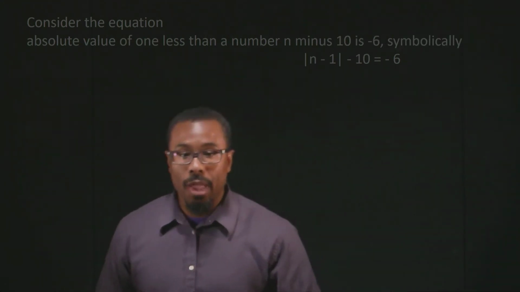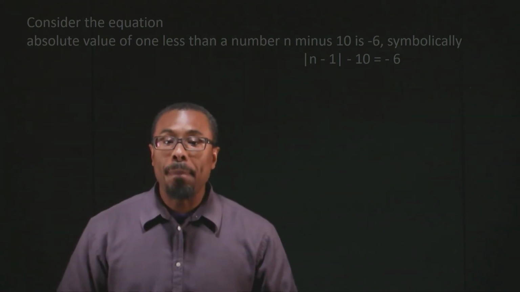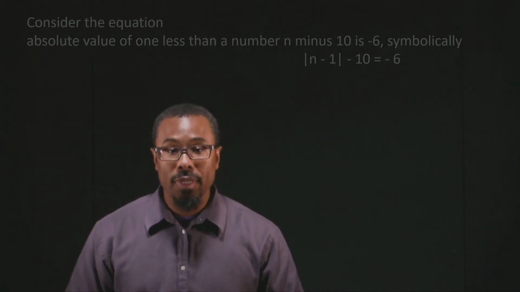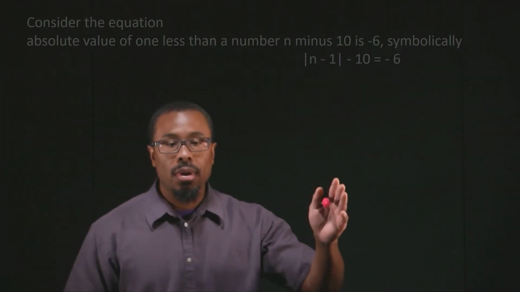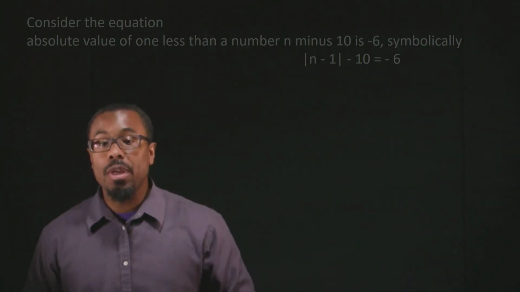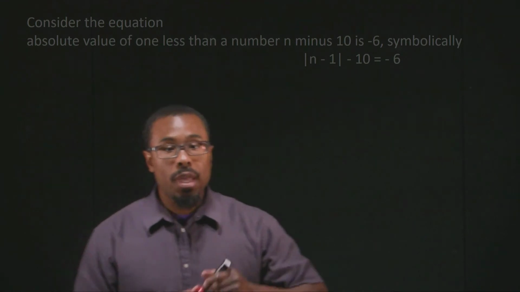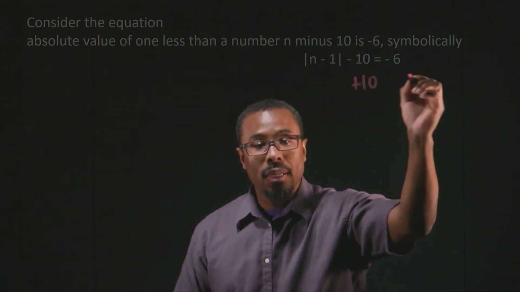Consider this last example. We have the absolute value of n minus 1, minus 10, is equal to negative 6. You might say, it equals a negative number. But before we can check to see if there's no solution, we must first solve for the absolute value. So let's add 10 to both sides.